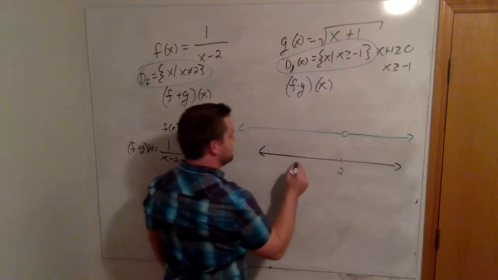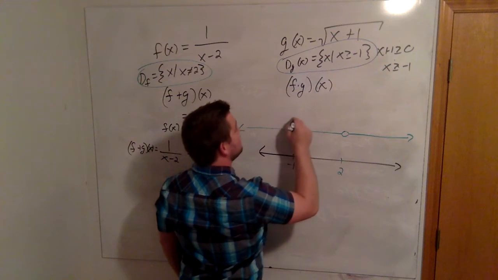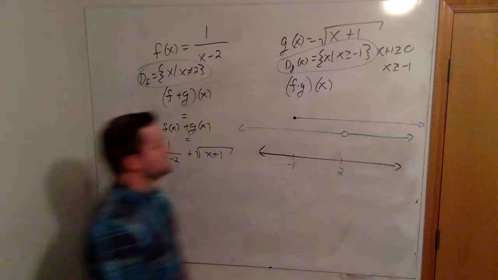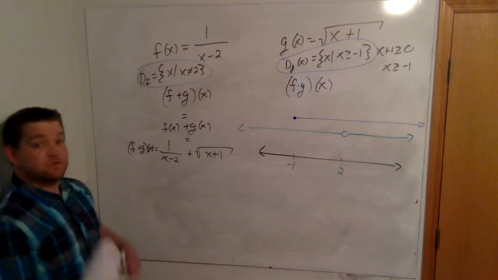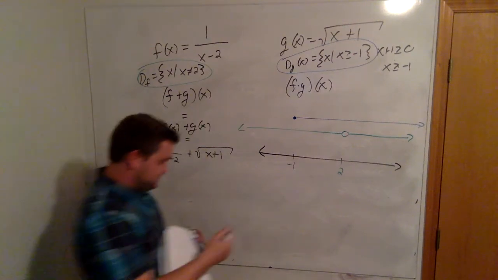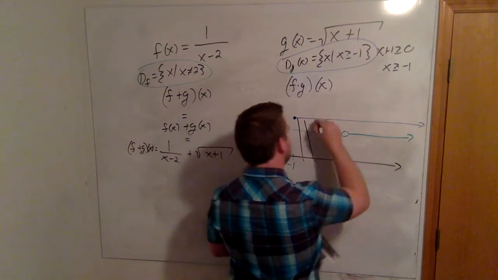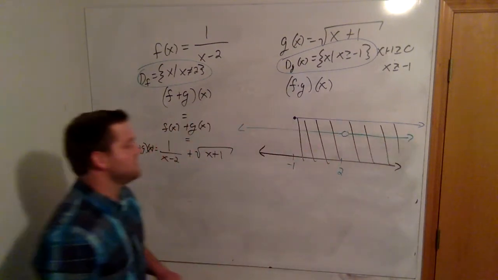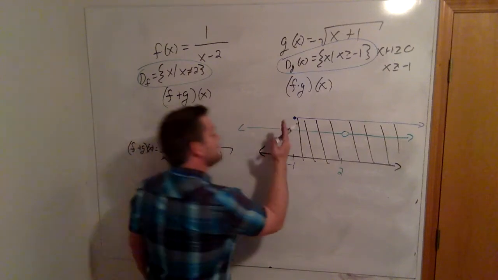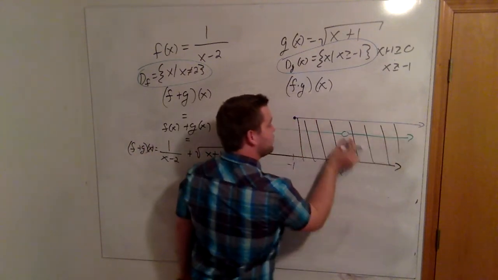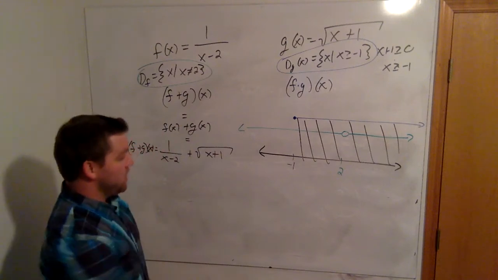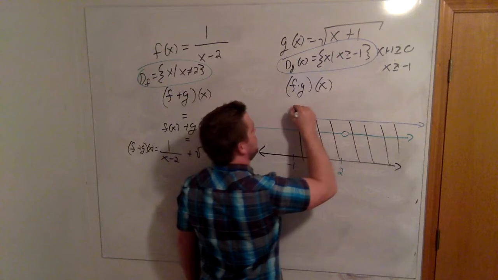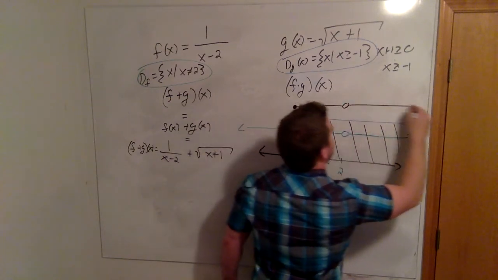Well, this is all x greater than or equal to -1. So if I want to find the domain of the result, I need to find the intersection of those two sets. So that'll be this set here. I can plug in any value bigger than -1, but I also have to exclude 2. So the domain, which I'll draw in black, will be this set here.